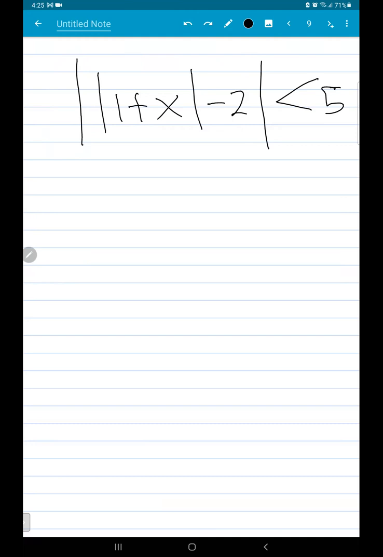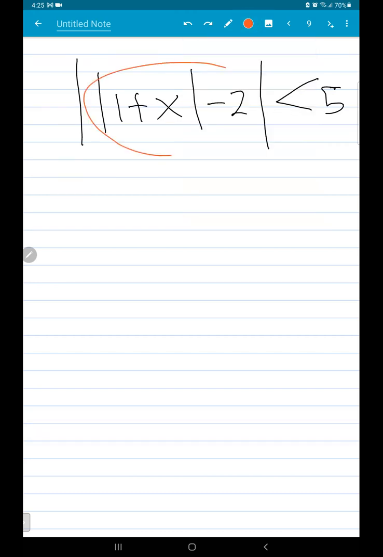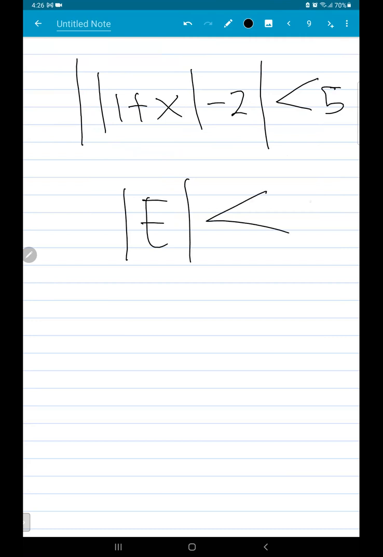If you call this your expression E, then you can first think of it as the absolute value of an expression less than 5, right? Makes things look much simpler. What makes it complicated is the presence of an absolute value inside.